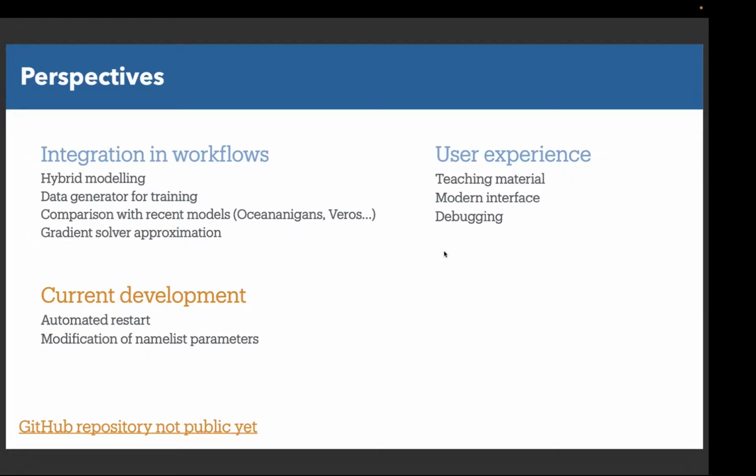Currently, the wrapper is at an early development stage, and we wish to add some features to create automated restarts and to modify the namelist parameters, to offer the user the possibility to do everything directly from the Python interface. The GitHub repository is not public yet because I still need to take the time to find a license. That's it.